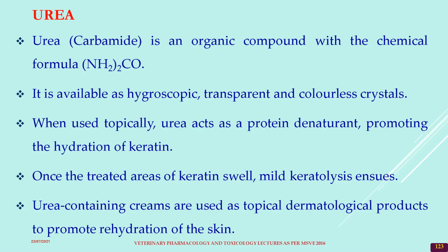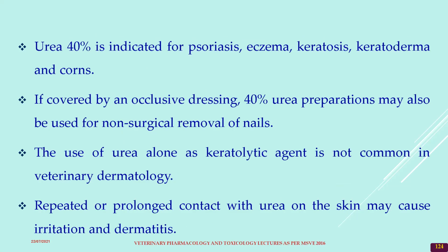Once the treated areas of keratin swell, mild keratolysis ensues. So urea-containing creams are used as topical dermatological products to promote rehydration of the skin. Urea at 40%, meaning 40 grams in 100 ml, is indicated for psoriasis, eczema, keratosis, keratoderma, and corns.